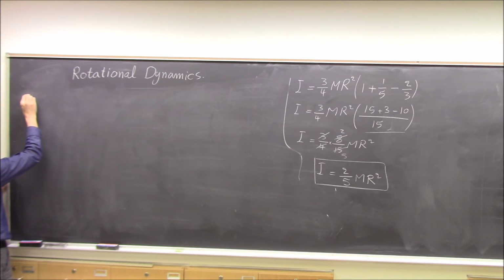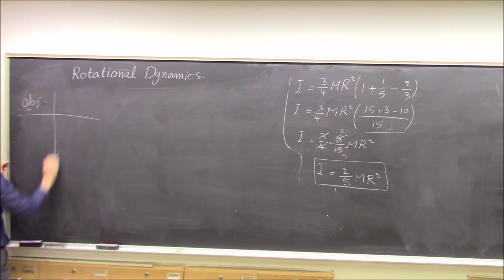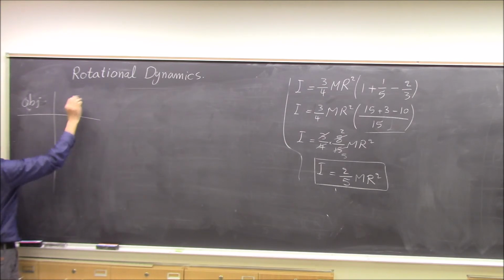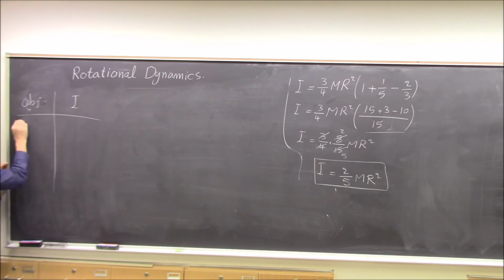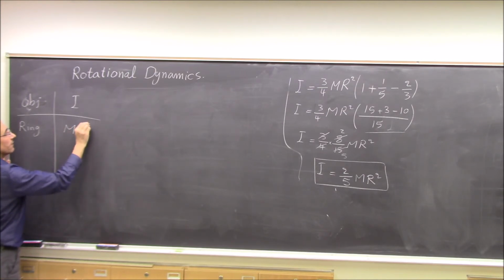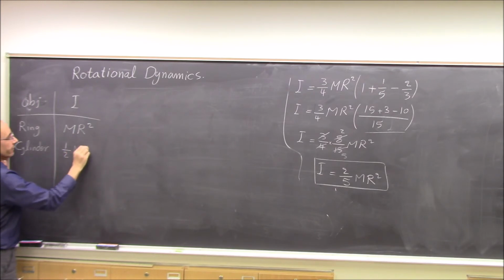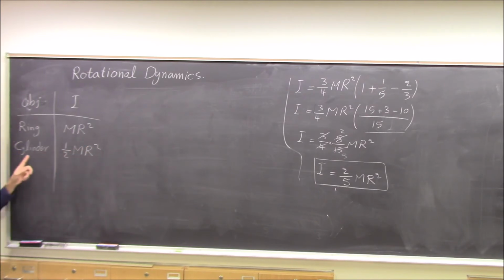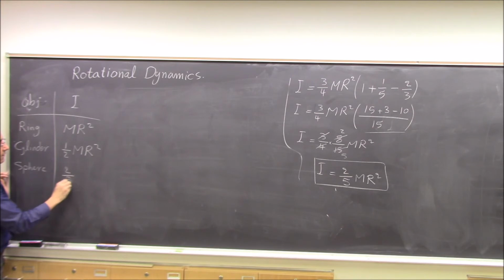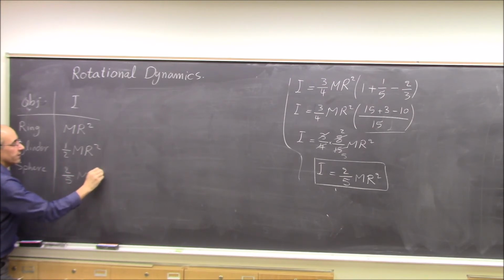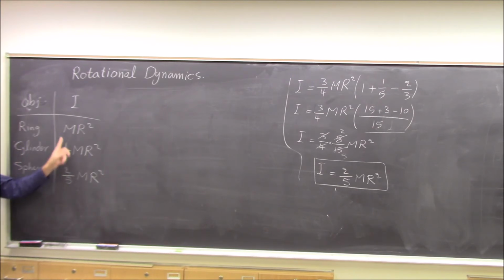For the rotational inertia I of an object: for a ring with mass m and radius r, we have m r squared. For a cylinder, we have 1/2 m r squared. This also is a cylinder with mass m and radius r. For a sphere, it is 2/5 m r squared. 2/5 is 0.4, right? This is 0.5, this is 1.